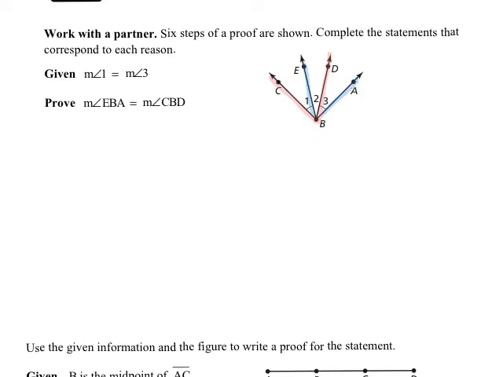Yes, sir. EBD and DBA combined to make EBA. Good. So EBD and DBA combine to make EBA. How do we know that? What did we call that postulate? The angle addition postulate. Okay. So we know that, so the measure.